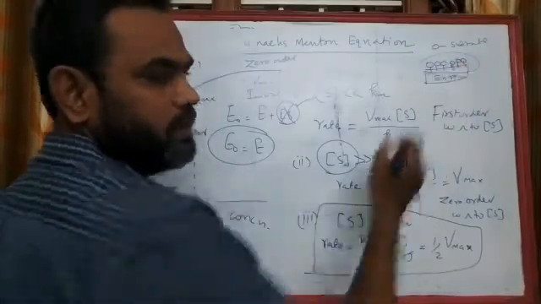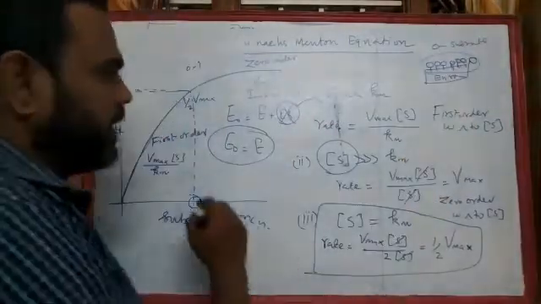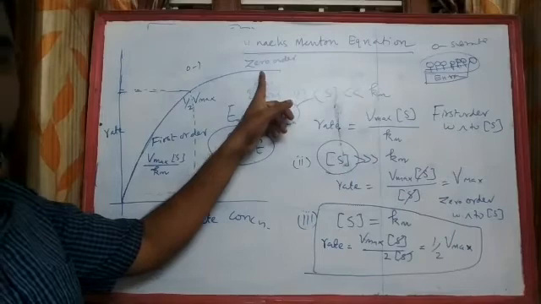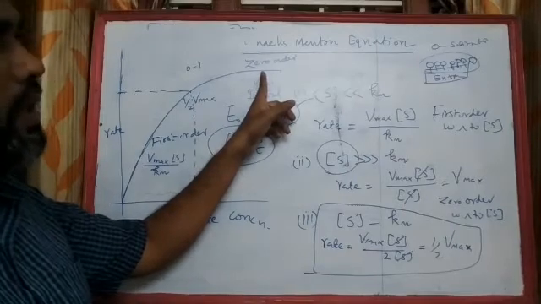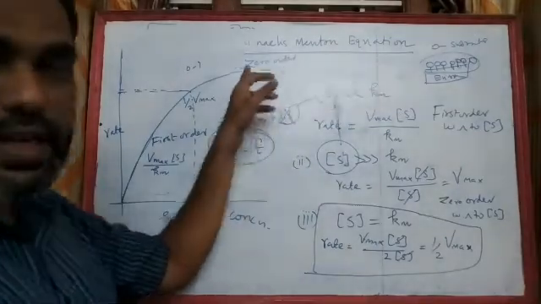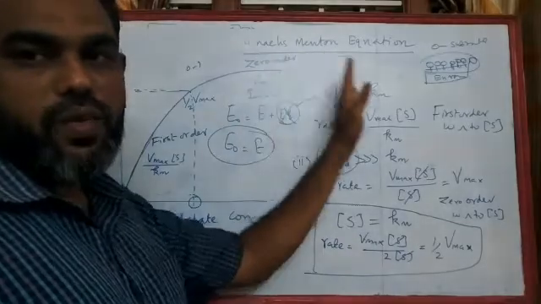At one stage all the reactive sites will be occupied, and hence the reaction proceeds at its maximum speed. But even if you further increase the substrate concentration, the reaction rate won't increase.